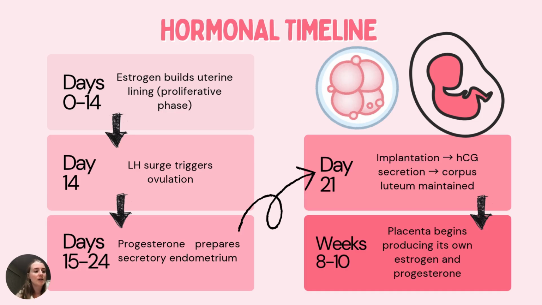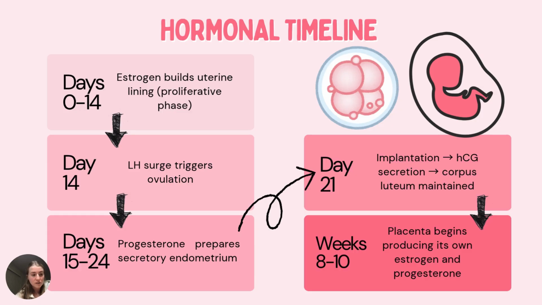And then days 15 to 24 in the cycle, progesterone transforms the endometrium into a secretory state full of nutrients and blood vessels, like preparing for implantation. And then day 21, sorry, this is supposed to say day 24. On day 24, implantation occurs and the embryo secretes HCG, which prevents the corpus luteum from breaking down.